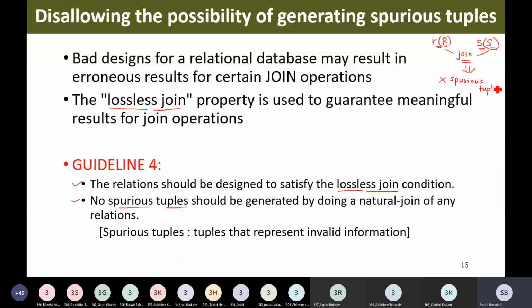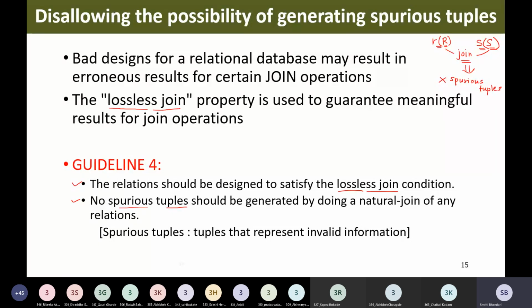So we should come up with the relations such that whenever we go for join of these two relations, they should always provide us some meaningful results. They should not generate any spurious, unwanted, invalid data.